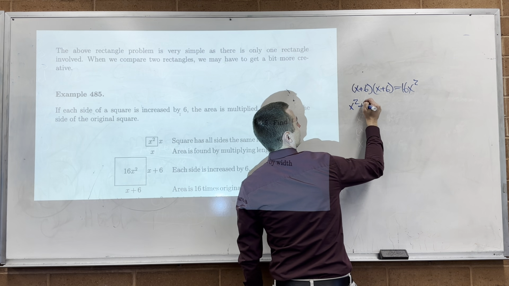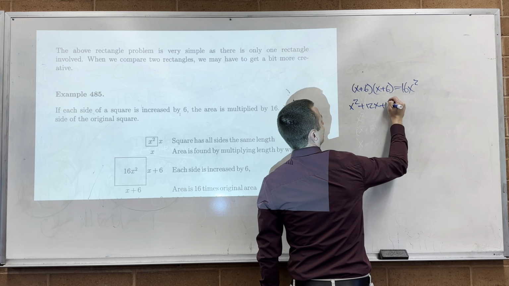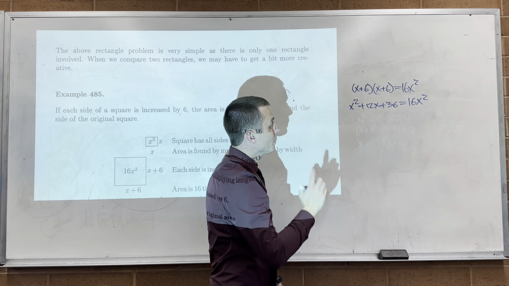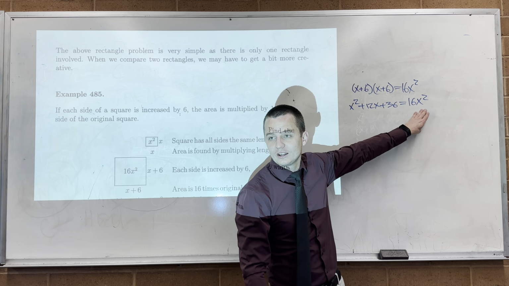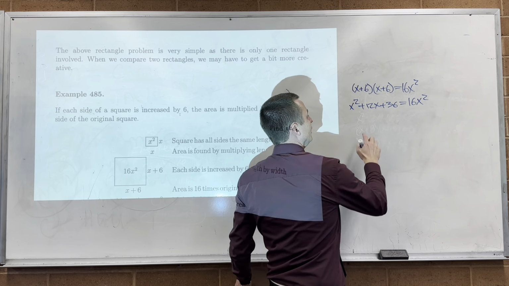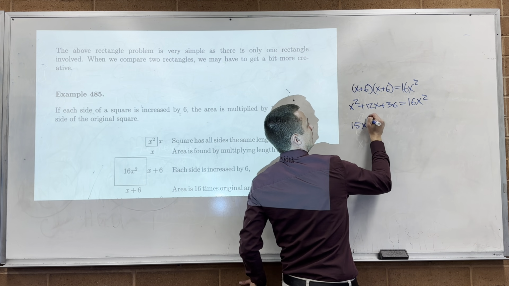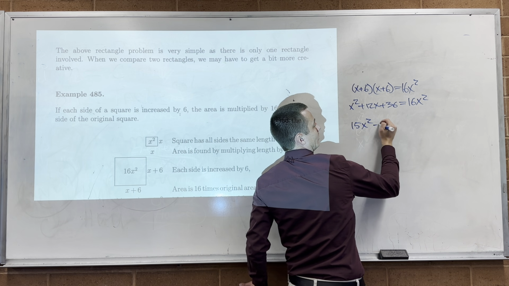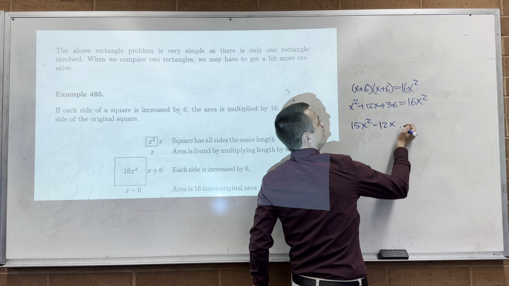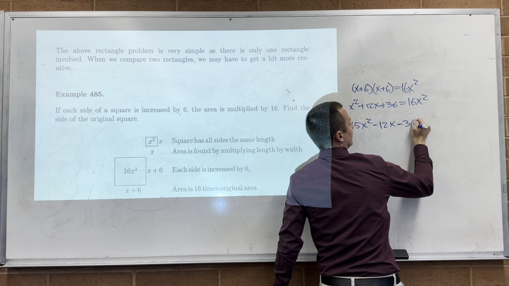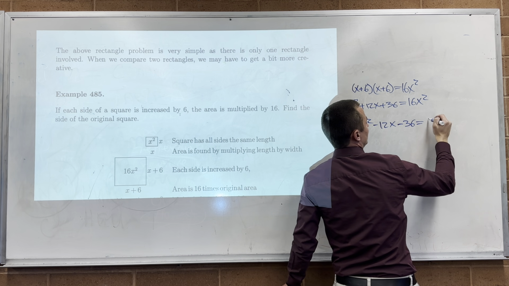I get x squared plus 12x plus 36 is equal to 16x squared. Let's put everything on this side so that my x squared term is positive. So subtracting x squared from both sides leaves me 15x squared. I subtract 12x from both sides, so over here we have minus 12x. And subtract 36 from both sides gives me minus 36 is equal to 0.